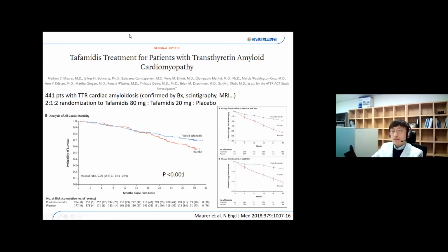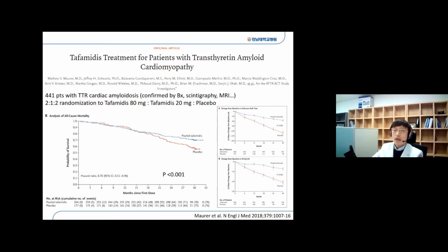And the tafamidis is a medicine that can stabilize the TTR tetramer, preventing its breakage into the oligomers, which can form amyloid fibrils. And the tafamidis treatment recently showed significantly different prognostic outcomes in patients with proved TTR type cardiac amyloidosis.